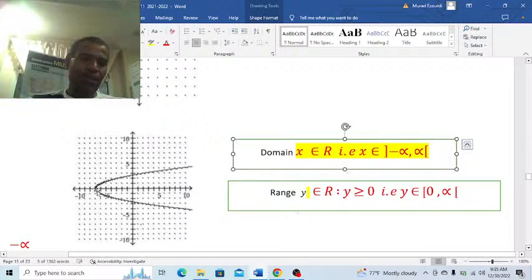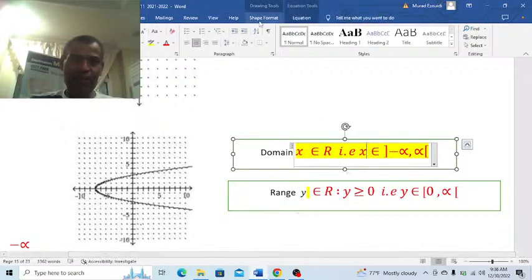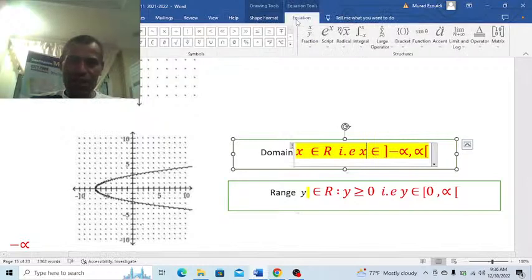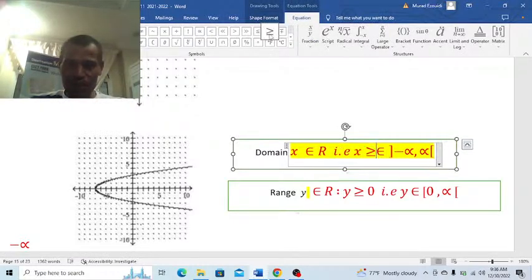The domain starts from about -6 and moves so many units to the right, meaning the x value is going to increase. So the domain is x belongs to R, such that x is more than or equal to -6, approximately.